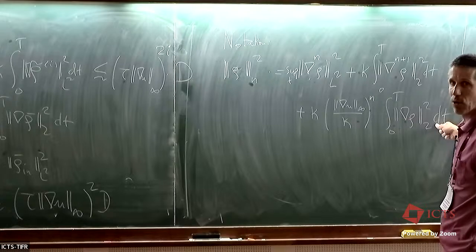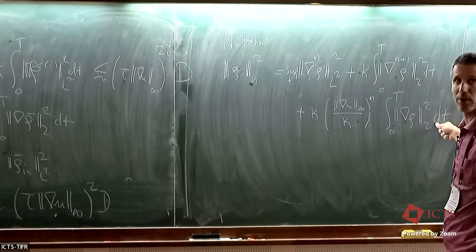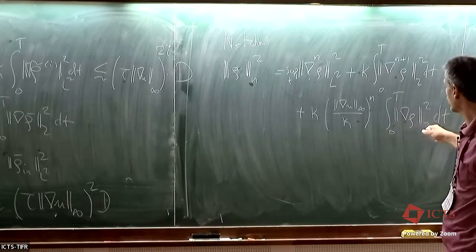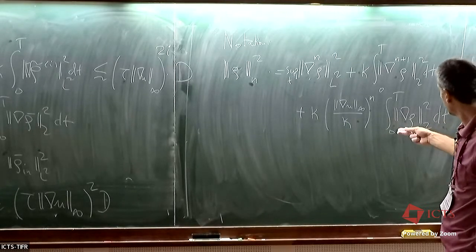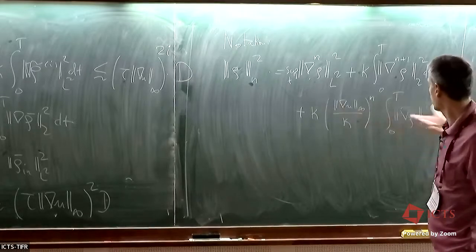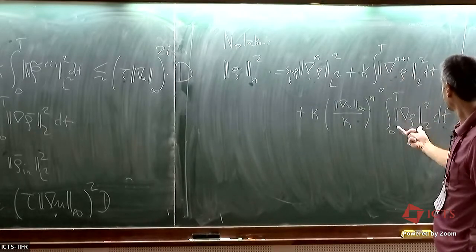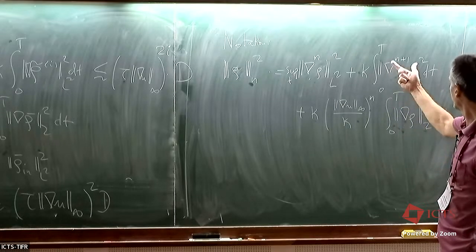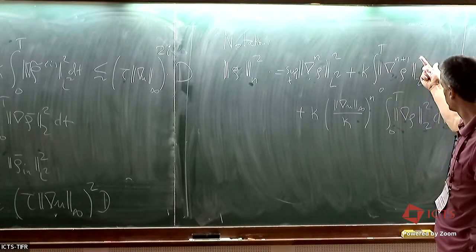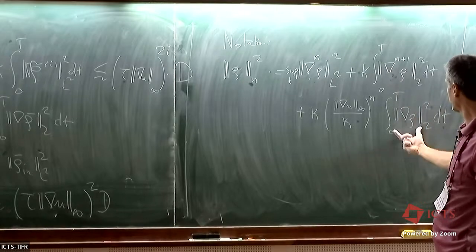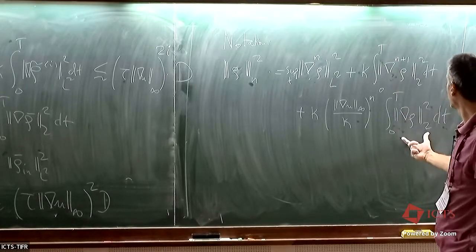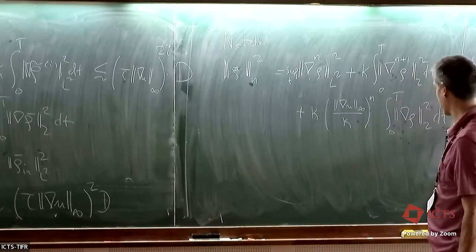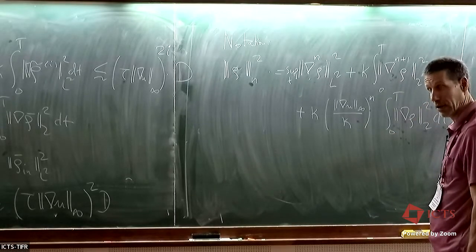And in all of these estimates, it's good to think about different scales. So it's sort of clear that when you compare this expression to this expression, here I have one derivative squared. Here I have n plus 1 derivatives squared. So in order to make sure that they are dimensionally consistent, I need to multiply this one by the inverse of length scale to the power 2n.